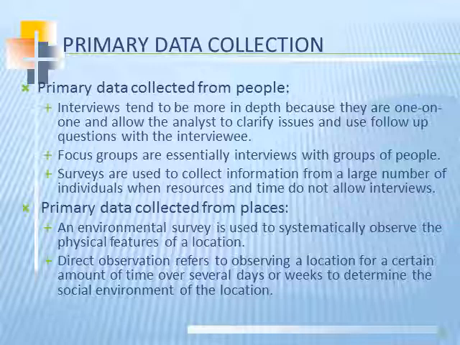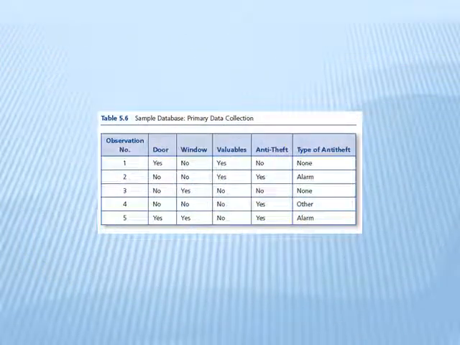Direct observation refers to observing a place for a certain amount of time over several days or weeks to determine the social environment of the place. That is, how the space is used, what types of people are present, and how do they congregate, etc. Table 5.6 from the text gives us a sample database used for primary data collection.